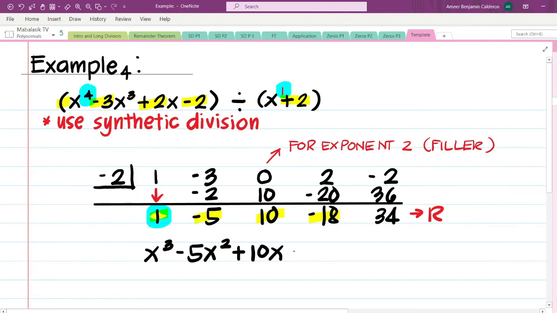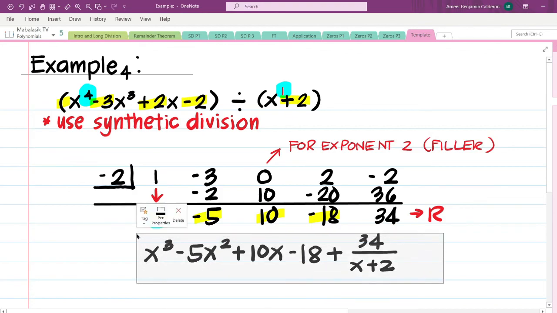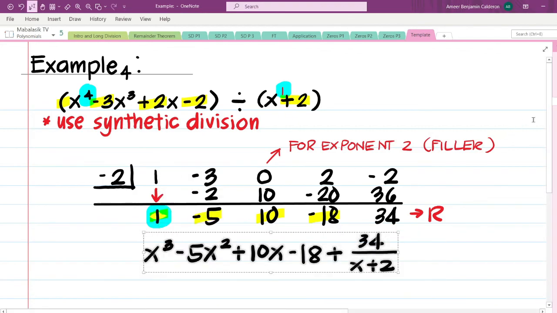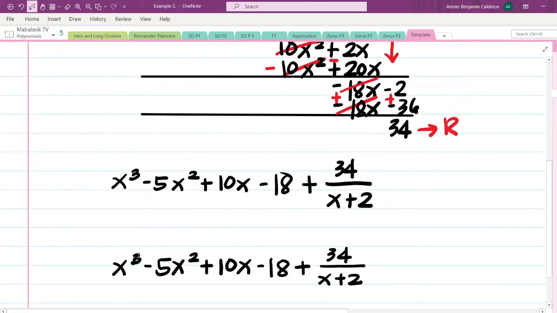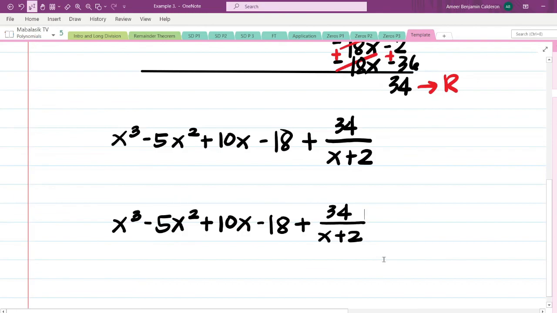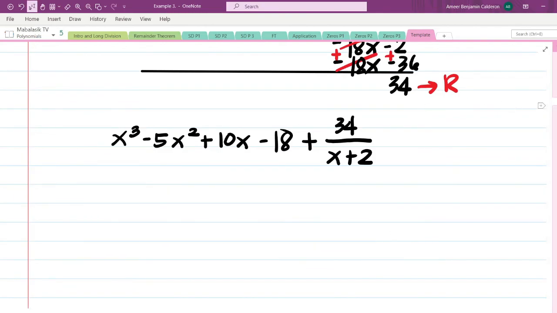And then this is the constant term, minus 18. Plus the remainder, 34 over x plus 2, the divisor. Let us compare if this is also the quotient that we have gotten here. So we have the same quotient. Therefore, our answer is correct.